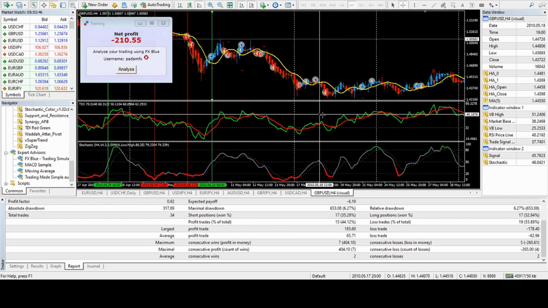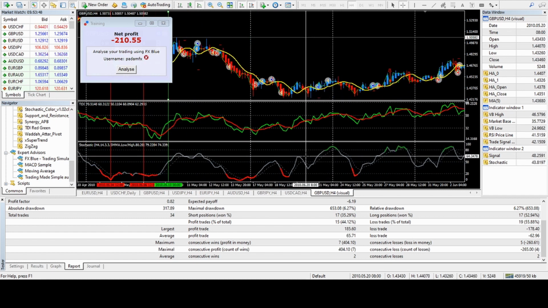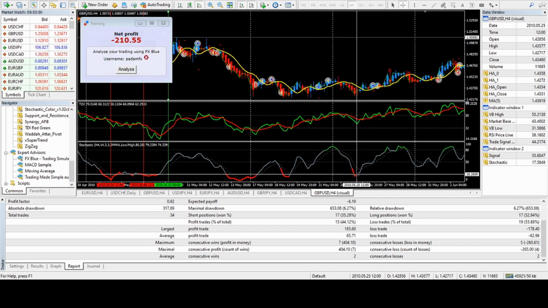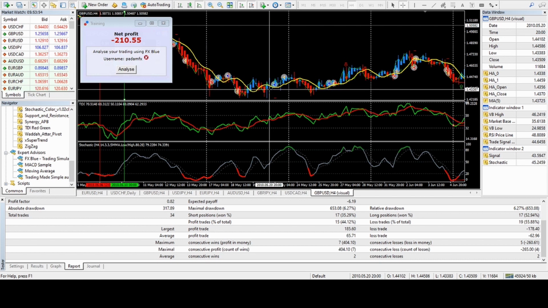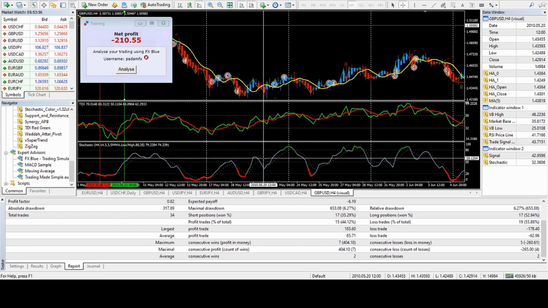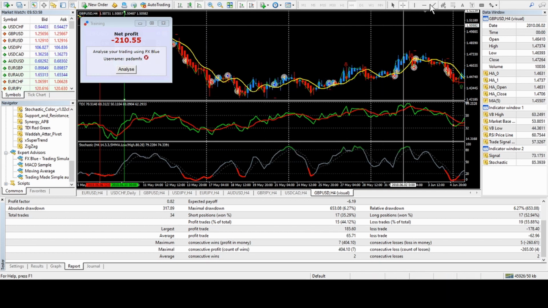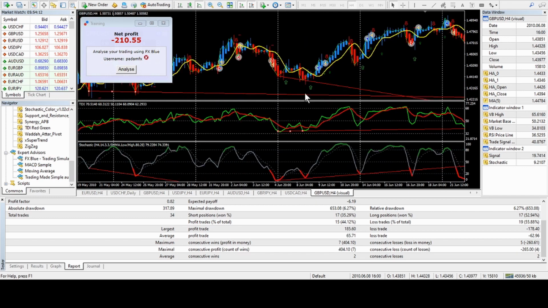That one's lower. That's a little bit of hidden divergence, with this equal, and then this is flat. So a little bit of divergence there.